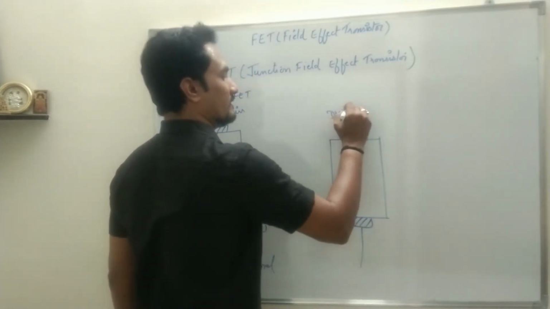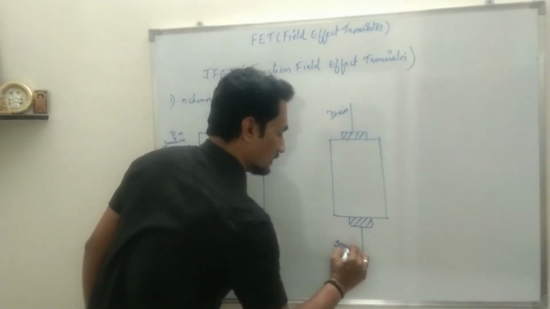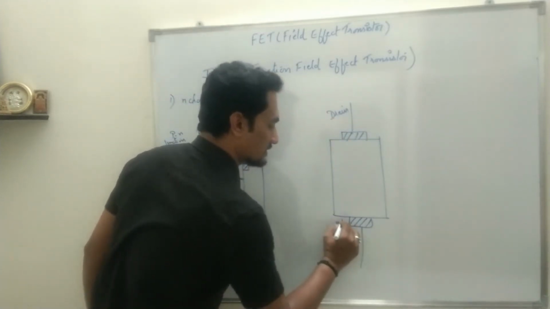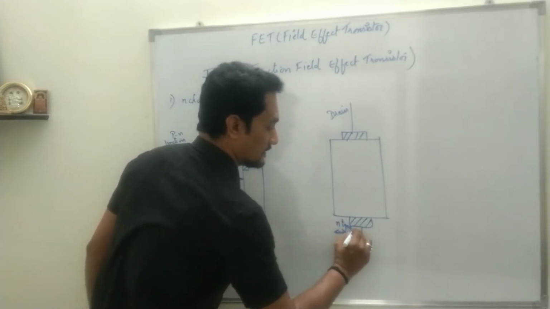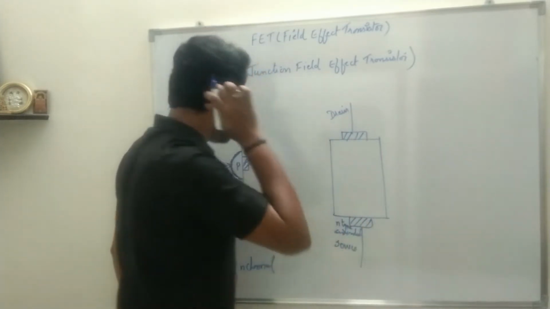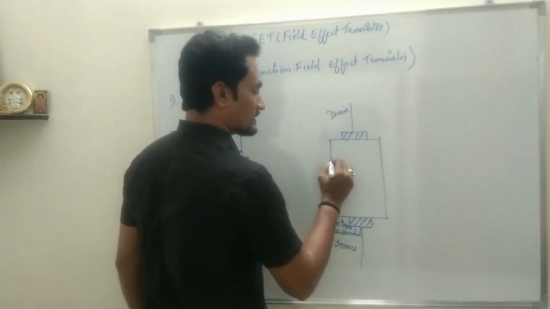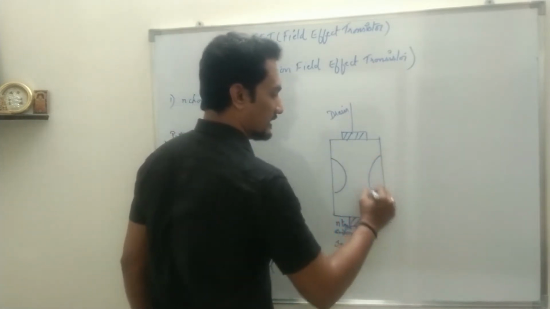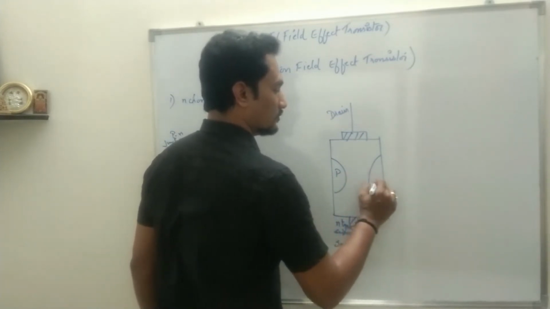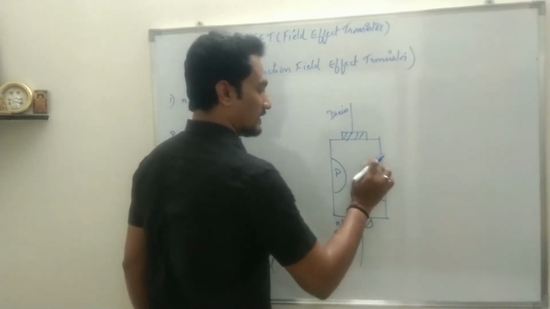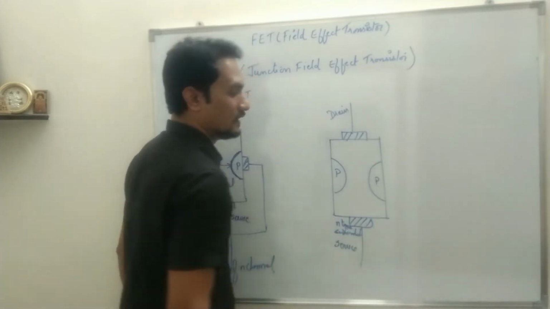This is drain, this is source, and what we have taken is an n-type semiconductor. On either side we dope trivalent impurity to form a p-n junction. Both sides are doped with trivalent impurity, so we get 2 p regions.